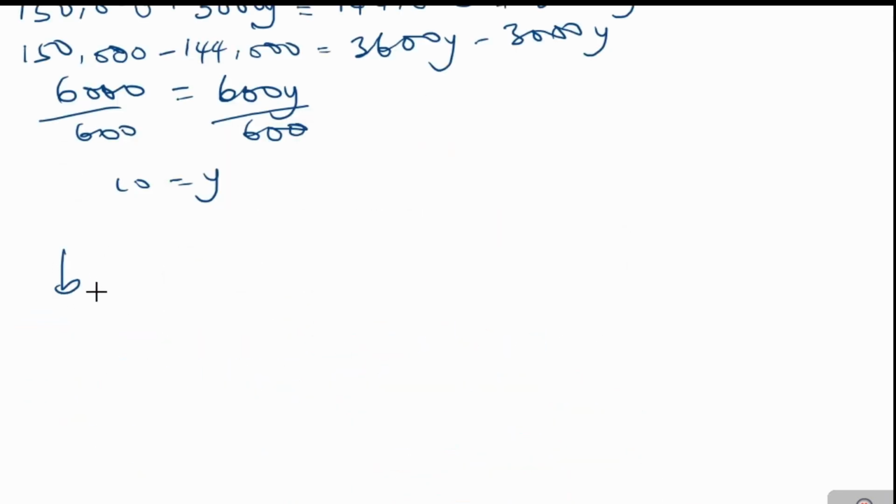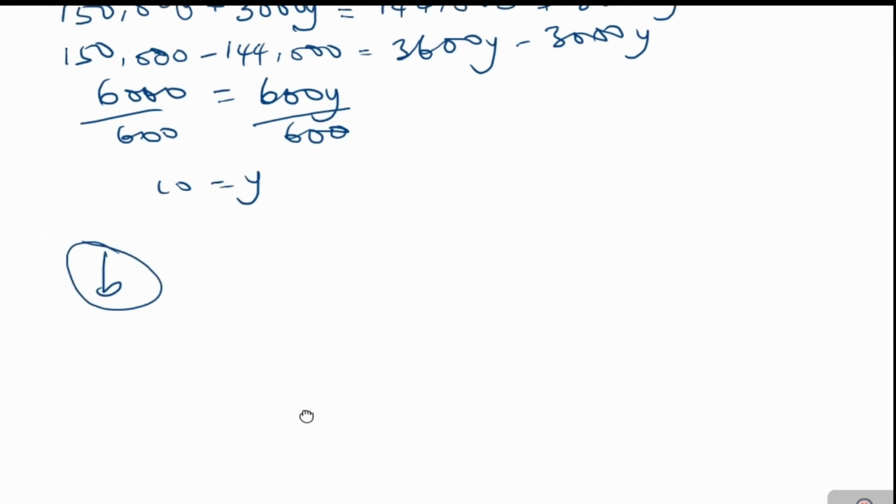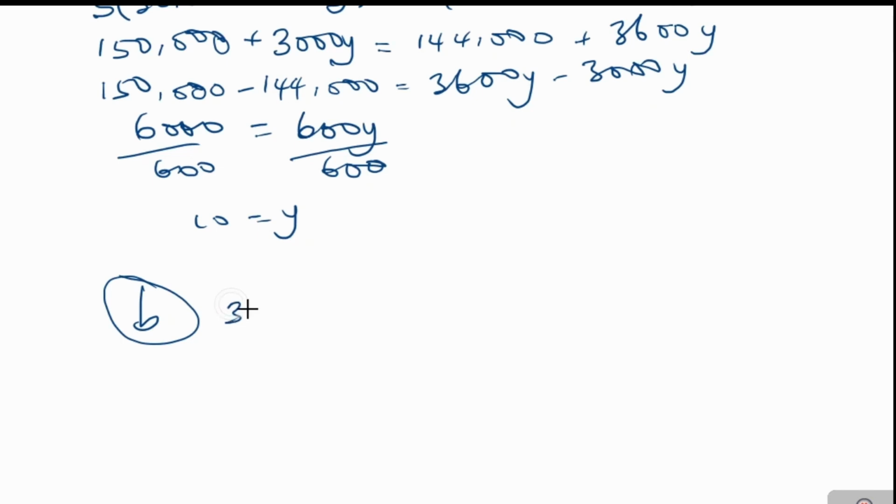Now let's put the whole of that together quickly. The new cost of labor, as I said earlier, will be the estimated cost of labor, which is 30,000 plus the increase in labor, which is 600y. But now we know the value of y to be 10, so we substitute 10 right there.